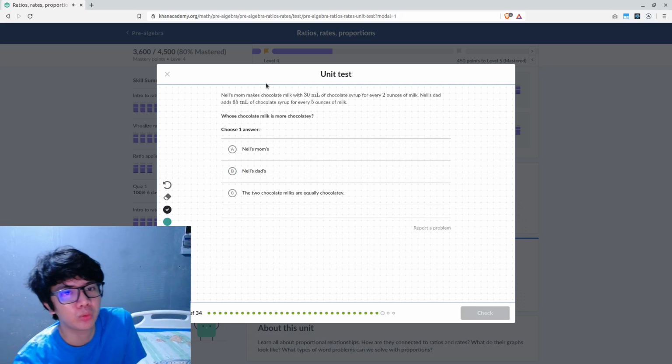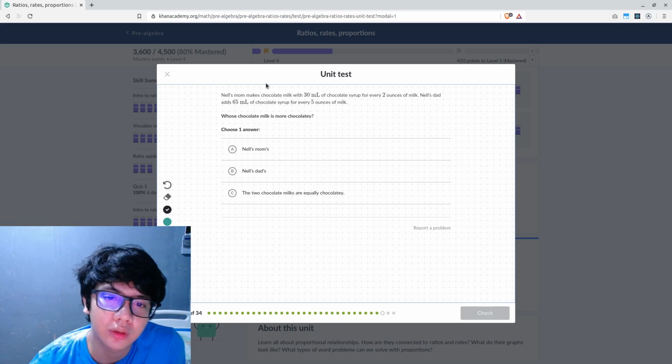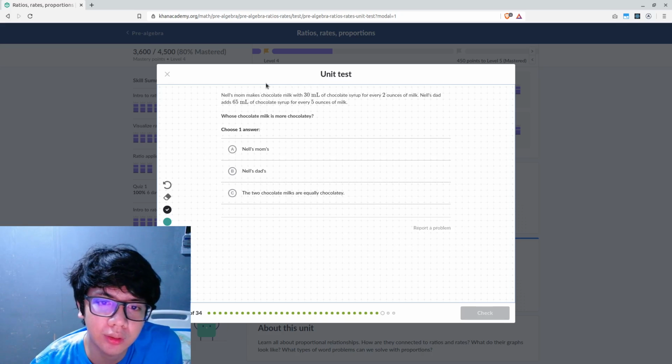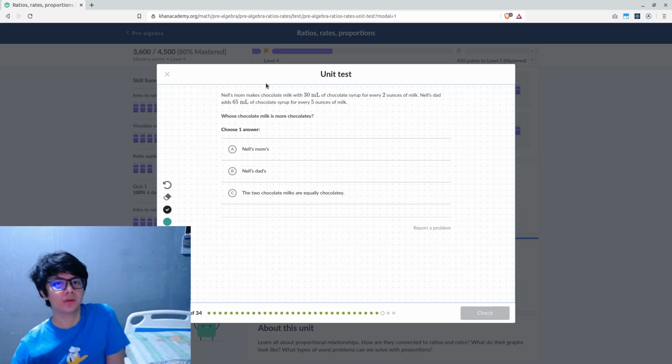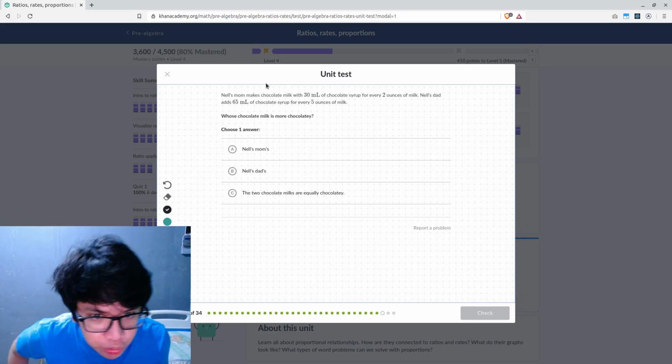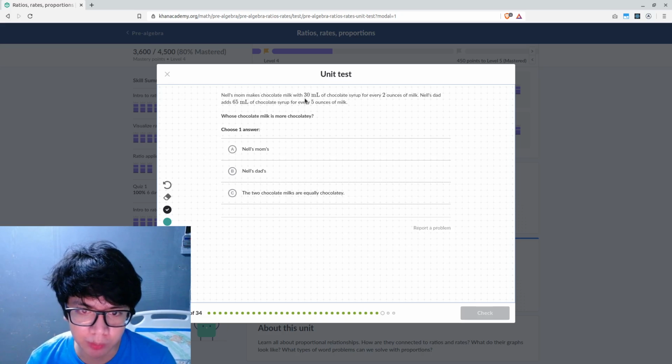Neil's mom makes chocolate milk with 30 ml. Oh, okay. Okay, cool. More chocolatey. Who's more chocolatey? Let's see, if we multiply this by 5, we get 150.